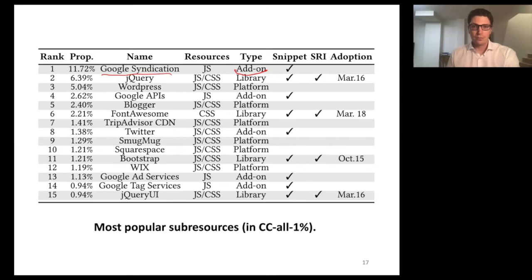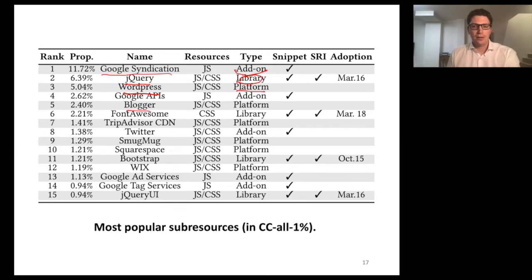Similarly, we have some sub-resources that are associated with platforms that host websites such as WordPress. We also have Blogger here. And finally, we have sub-resources corresponding to libraries such as jQuery and Font-Awesome or Bootstrap.